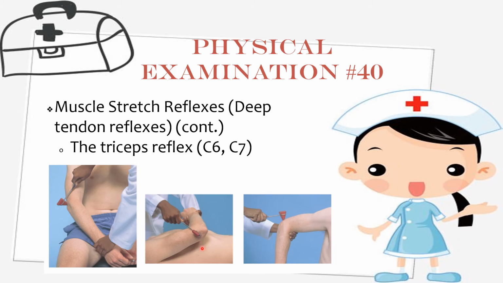Then strike the triceps tendon with a direct blow directly behind and just above the elbow, and watch for contraction of the triceps muscle and extension at the elbow. If you have difficulty getting the patient to relax, try supporting the upper arm. Ask the patient to let the arm go limp, as if it were hung up to dry. Then strike the triceps tendon.